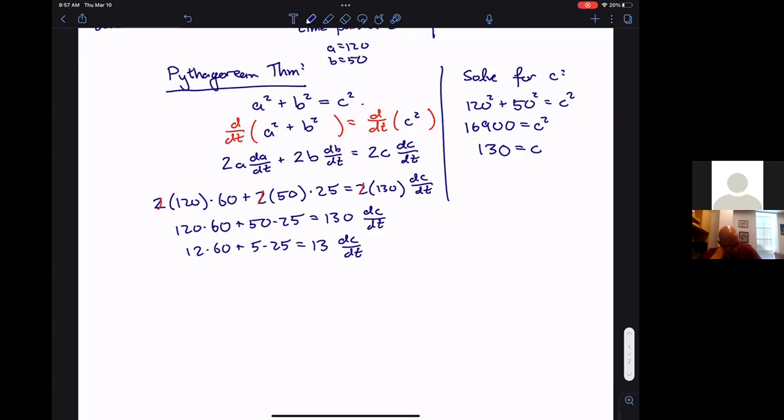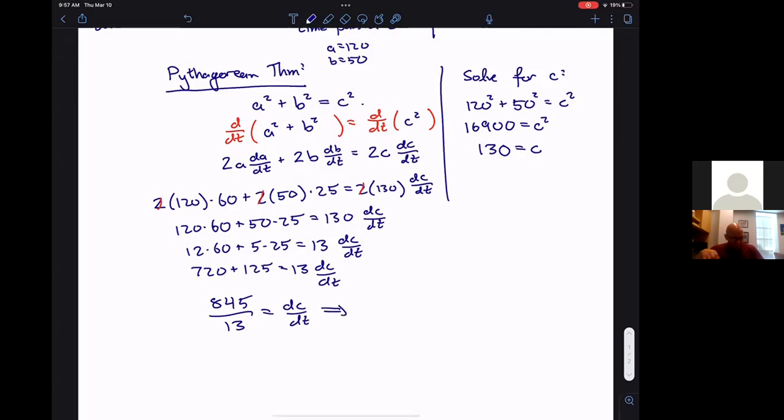The 13 is stuck. So now I feel like I have no choice but to actually crank some of these numbers out. That's fine. So what is 12 times 60? Well, 12 times 60 is 720, plus 5 times 25 is 125, equals 13 dC/dt. Now combining some stuff, what do I get? I get 845 over 13 is dC/dt.